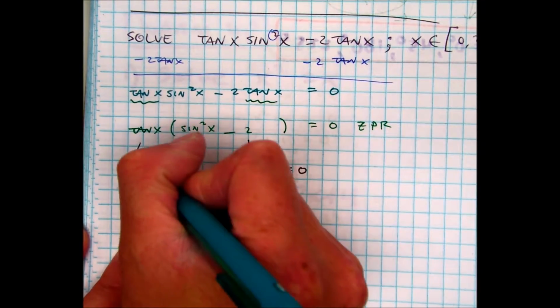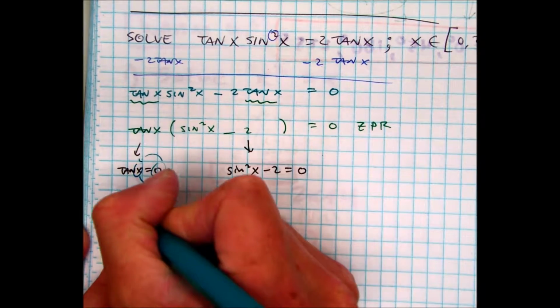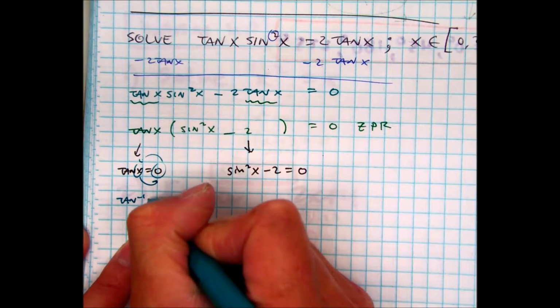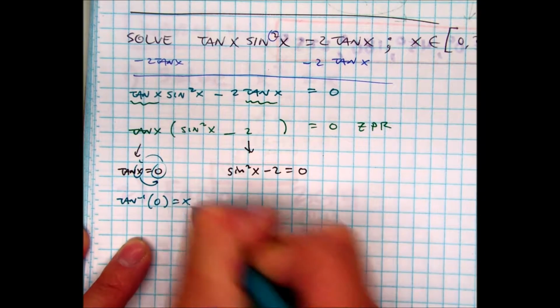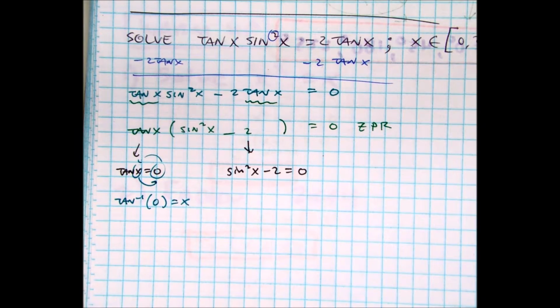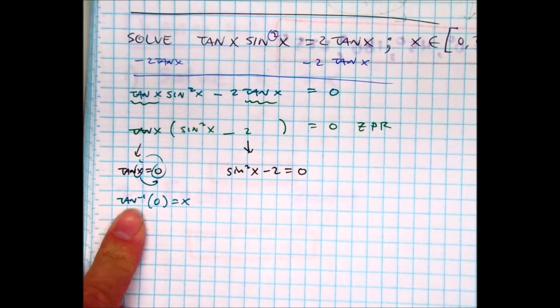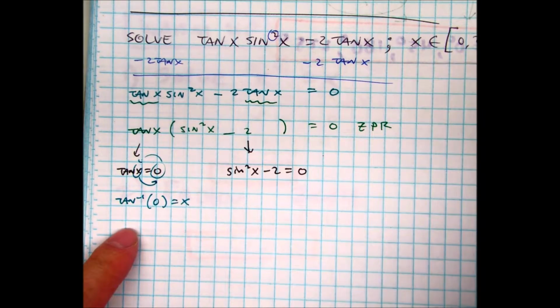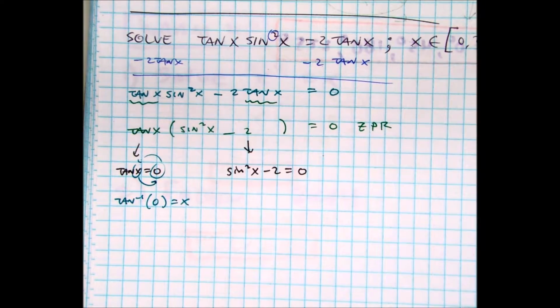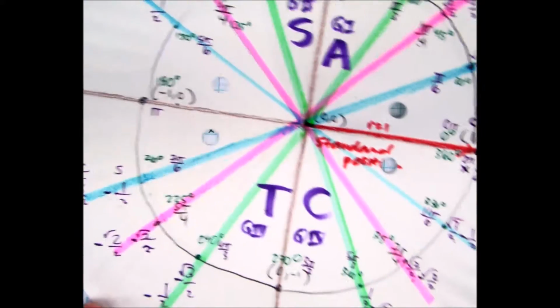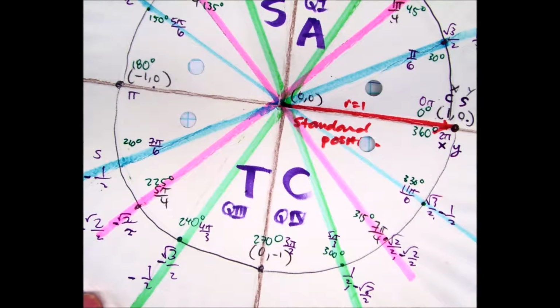You can do the inverse. Inverse of tangent of 0 equals x. Remember, tangent is y over x. I'm thinking of a location where tangent is 0. So y over x.